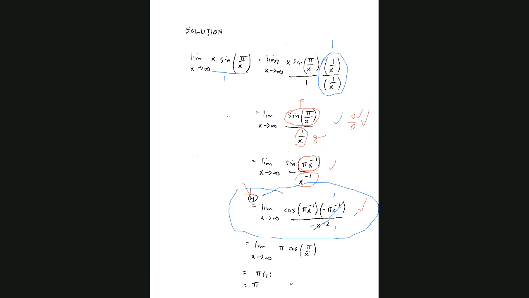And so you're going to get the limit as x approaches infinity of pi times the cosine of pi over x. The negative in the numerator and the negative in the denominator will be a plus.